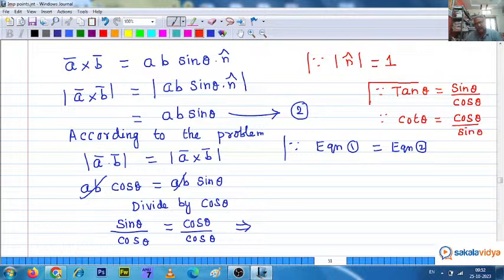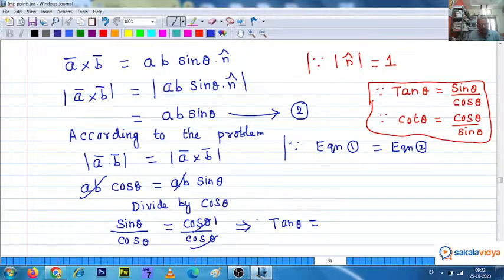These also will be very useful for problem solving in physics. So then what do we get here? Sin theta by cos theta is tan theta. Obviously cos theta will get cancelled, we get 1. So theta is equal to tan inverse 1. My dear students, remember tan 45 degrees is 1.